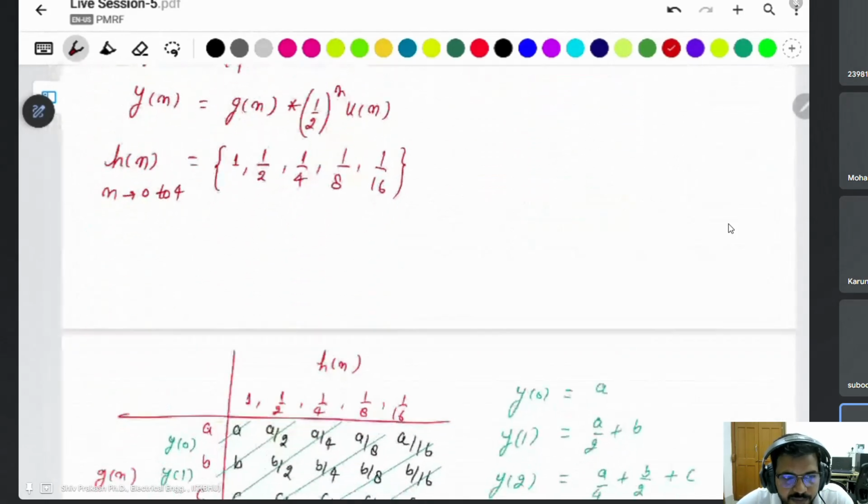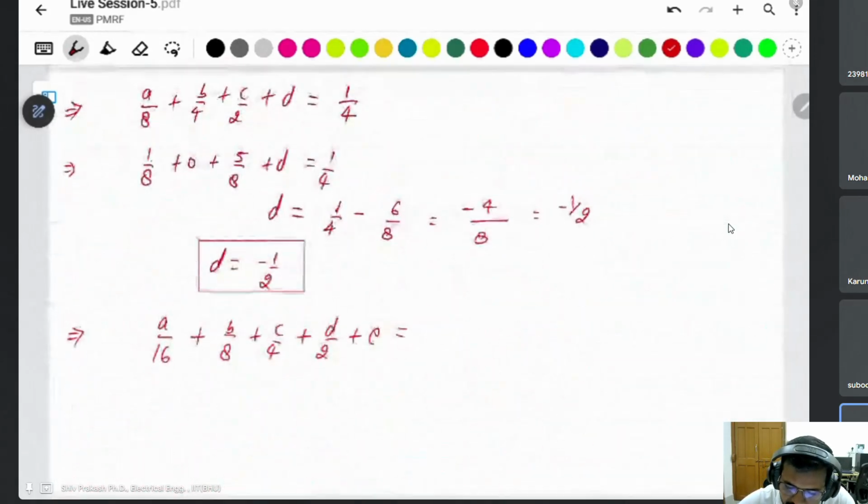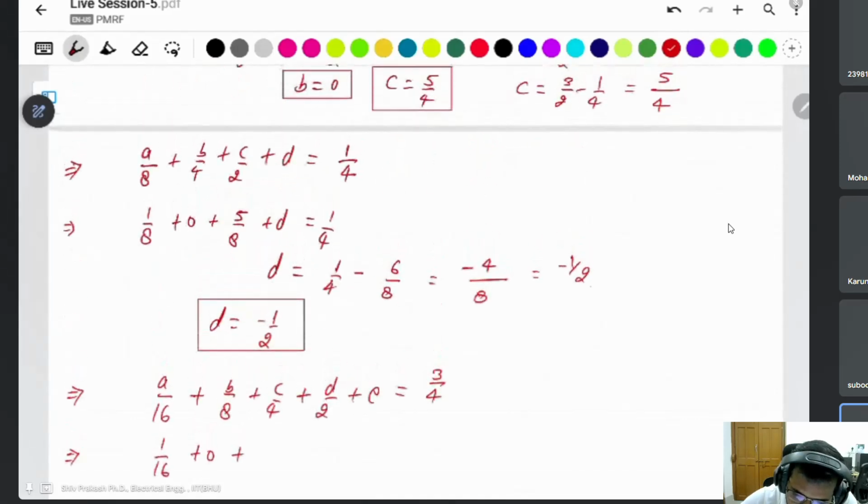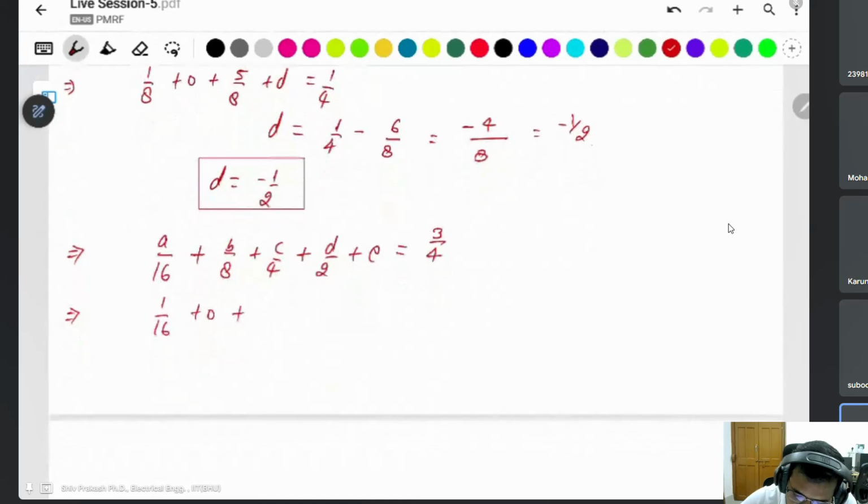And here a by 16 will be 1 by 16. b is equal to 0. c is equal to 5 by 4, it means 5 by 16. d is equal to minus 1 by 2, it means minus 1 by 4, plus e is equal to 3 by 4. Then find the e. e is 3 by 4 plus 1 by 4 minus 5 by 16.